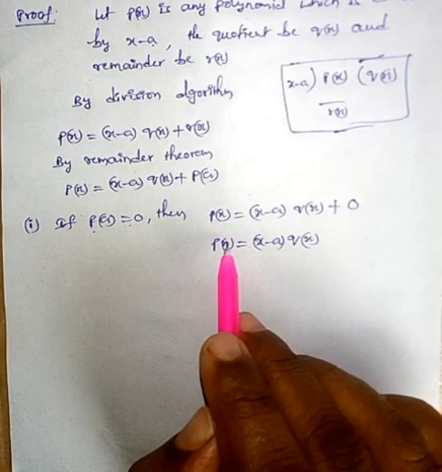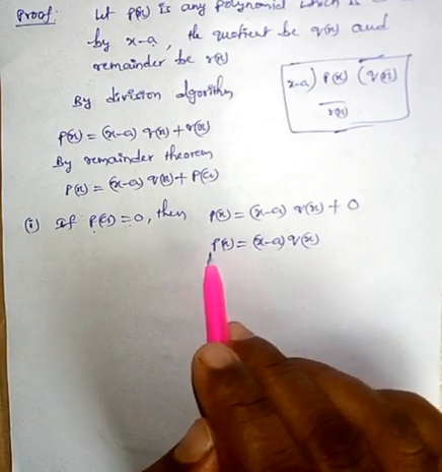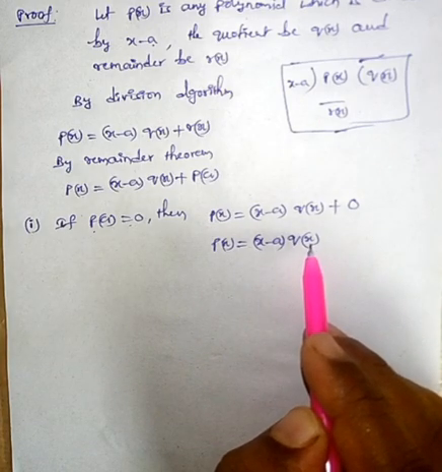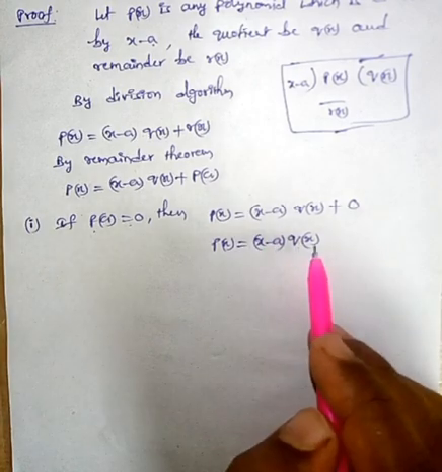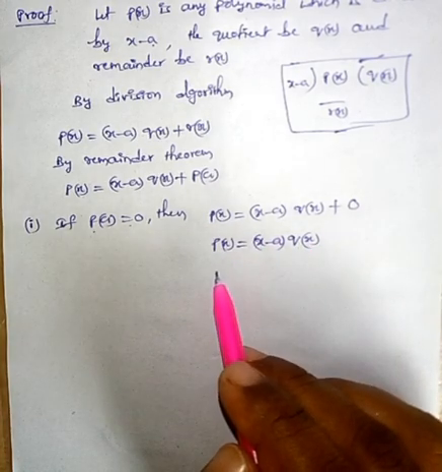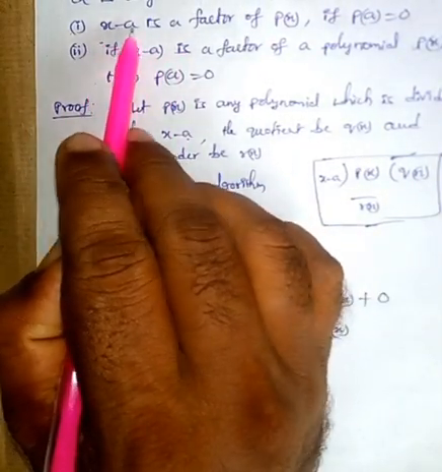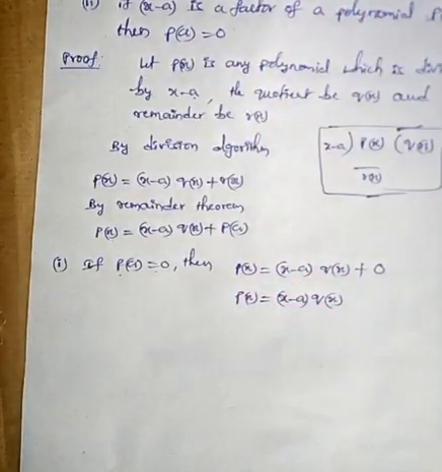Here we can write p(x) as a product of two factors, x minus a into q(x). So you can say that x minus a is a factor of p(x), and q(x) is also a factor of p(x). Okay, so our statement, we needed to prove x minus a is a factor of p(x). Don't get confused, children.